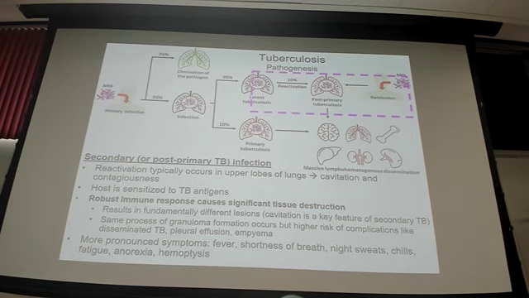For one thing, the granulomas will form faster, and you can get these distinctive cavitations in the lungs that you don't really see with primary tuberculosis. The cavitations are basically hollowed out parts of the lungs that you can easily see on chest x-rays, and that would be diagnostically useful for secondary or post-primary tuberculosis.